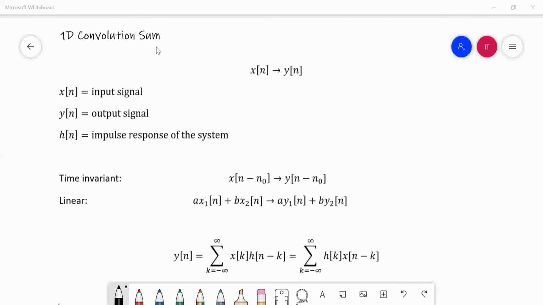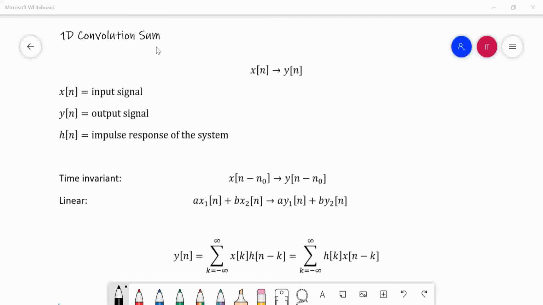So the system is basically characterized by its impulse response. Convolution has a commutative property, meaning we can swap x and h.